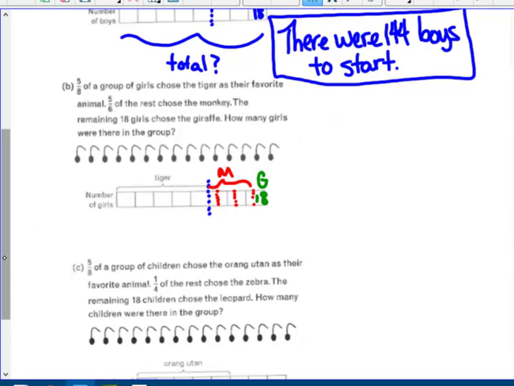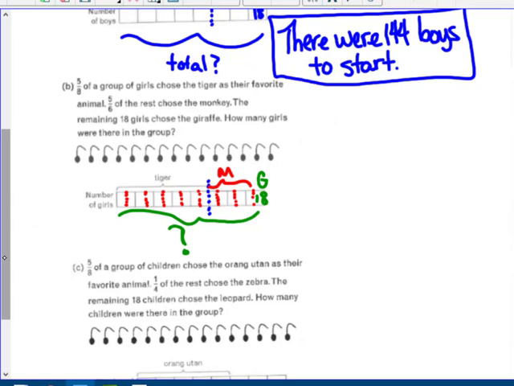How many girls were there in the group? So again, the question is, how many was the total? So question mark. Half of a bar is 18 this time, right? 1 little teeny tiny unit, or half of 1, is 18. But if I continue to find all the half pieces, which you kind of should do, how many halves do we have in 8?